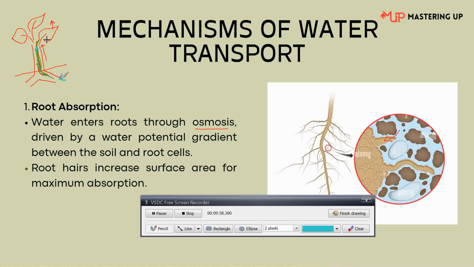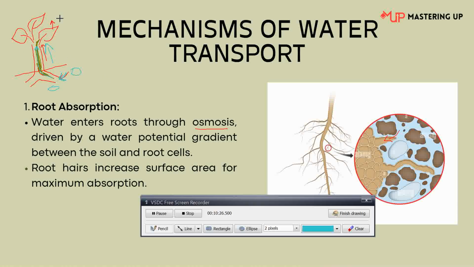Until now, the water reaching from the soil to the root hair was simple, but these trees are very high, right? So there needs to be some kind of pull for the water to go from this low level to such a high level. That pull is the transpiration pull, because against gravity this water needs to be transported from this low area to this high area.